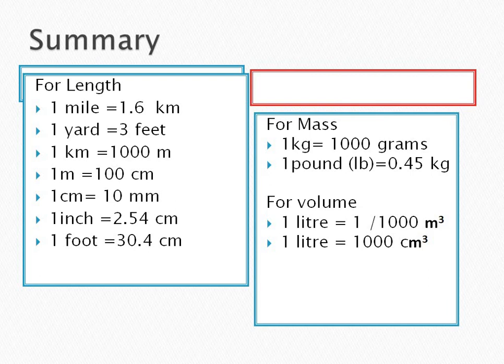Similarly, we have seen for masses, 1 kg mass is nothing but 1000 grams. 1 pound mass is nothing but 0.45 kg. As far as volume is concerned, 1 liter is equal to 1 by 1000 meter cube, and 1 liter is equal to 1000 centimeter cube.